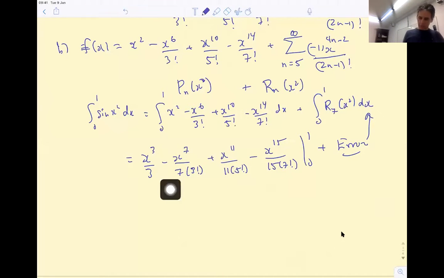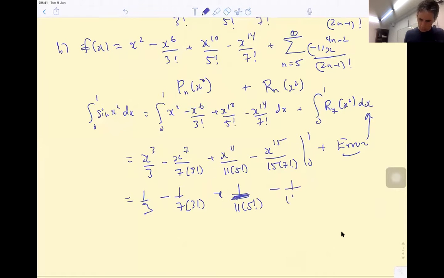You can see when we go to evaluate this expression, we substitute 1 in there, which will make all the x's to different powers equal to 1, and then 0, and when we put 0 in here, the whole thing is 0. So the evaluation of this is 1/3 minus 1 over 7 times 3 factorial plus 1 over 11 times 5 factorial minus 1 over 15 times 7 factorial minus 0.